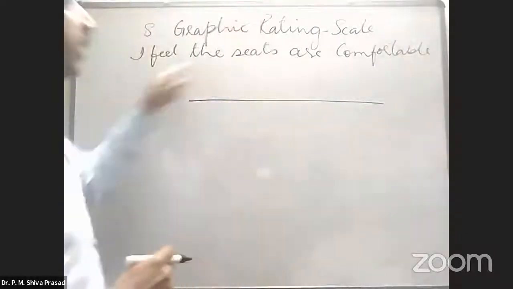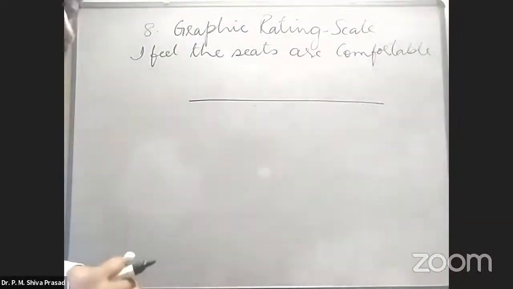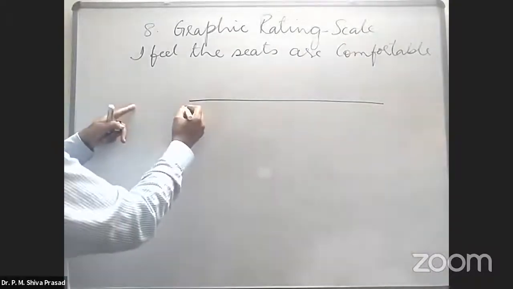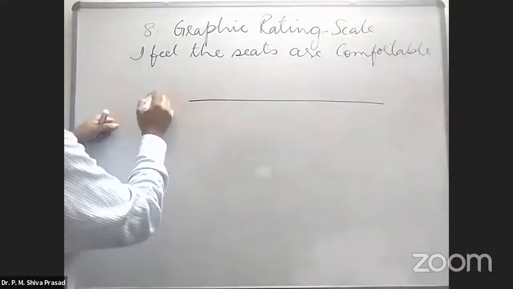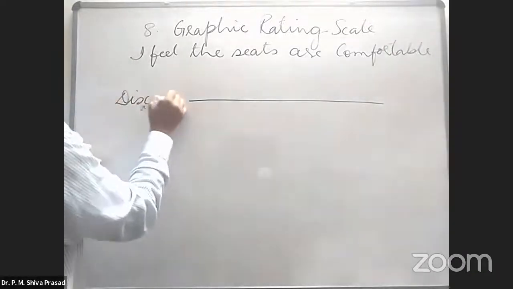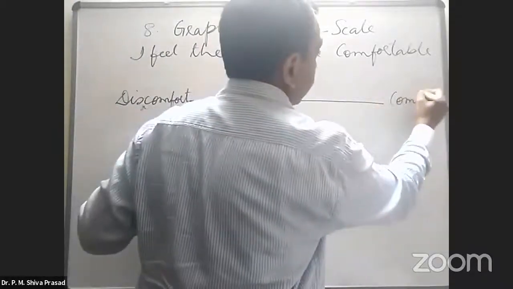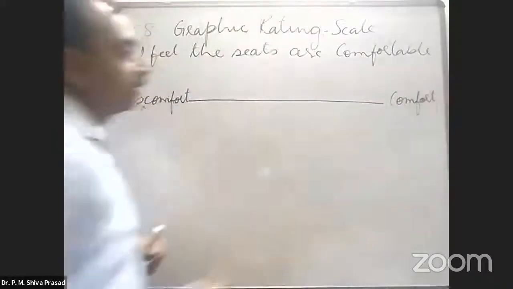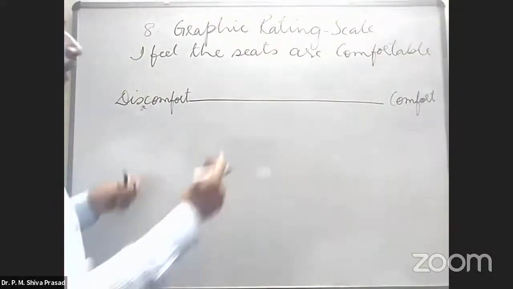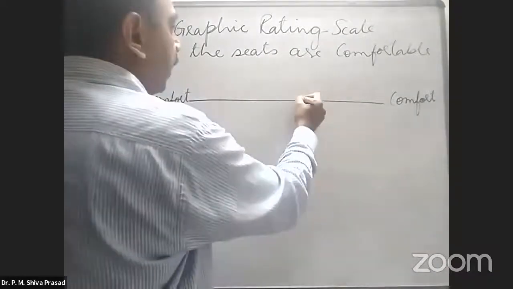We have given them the graphic continuum where they say it is discomfort on one side and comfort on the other side. So they can mark anywhere. Say, I would look at this and say, okay, seats are quite average, I'll mark here.